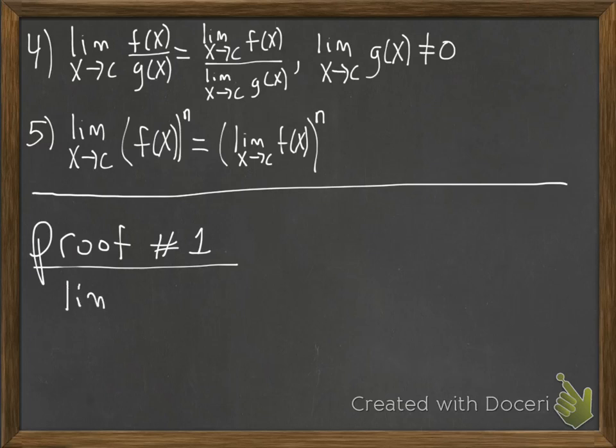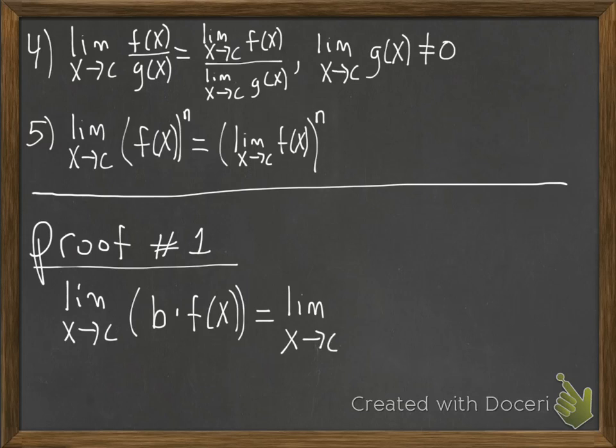And that is that the limit as x approaches c of some number b times f of x is in fact equal to b times the limit as x approaches c of f of x.